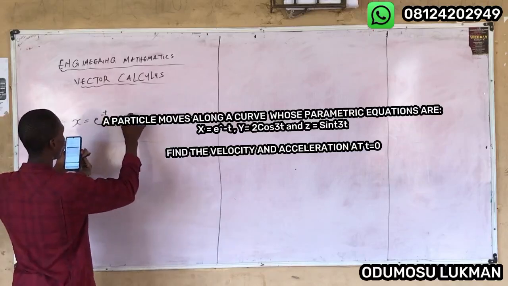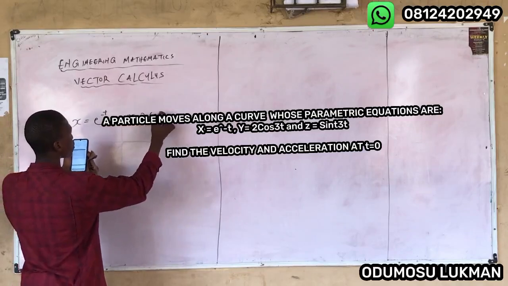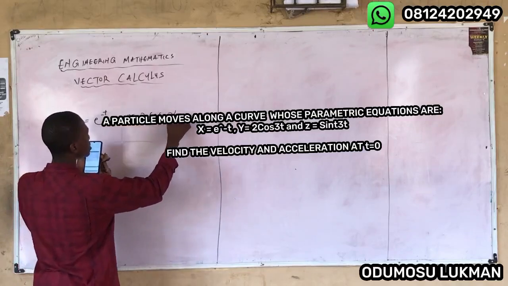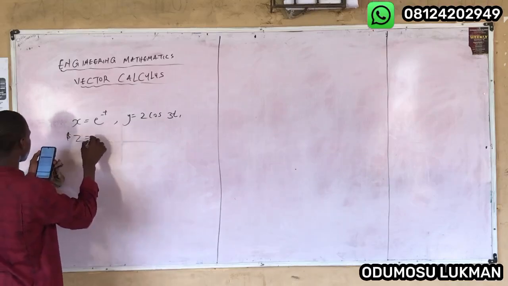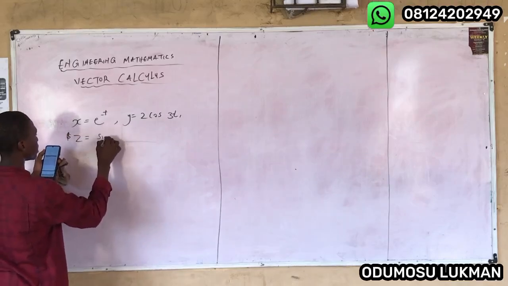We have y equal to 2 cos 3t, and we have z equal to sine 3t.